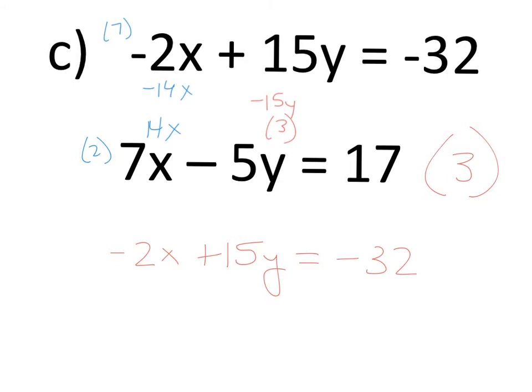On the bottom equation, I'm going to take 3 times the 7, 3 times the 5, and 3 times the 17. So 3 times the 7 will be 21x minus 15y, and 17 times 3 is 51, so equals 51. Now once I do this, I'm just going to be focusing on these two equations. I'm not going to worry about these two up here anymore.